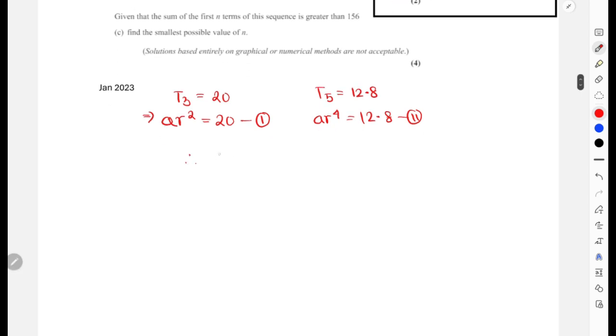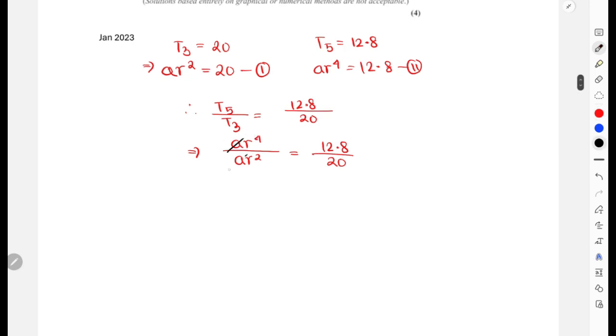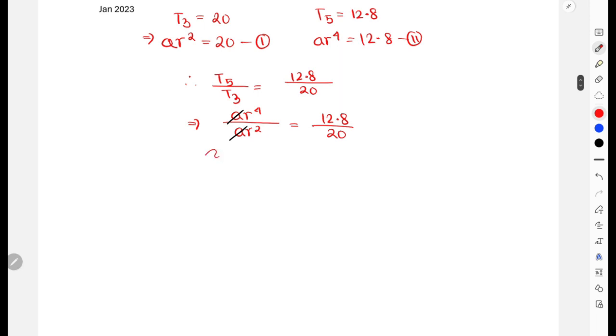So I'm going to start by doing T5 divided by T3, which is going to be ar^4 over ar^2, equal to 12.8 divided by 20. From this part a gets cancelled out, and r^(4-2) is just r^2.